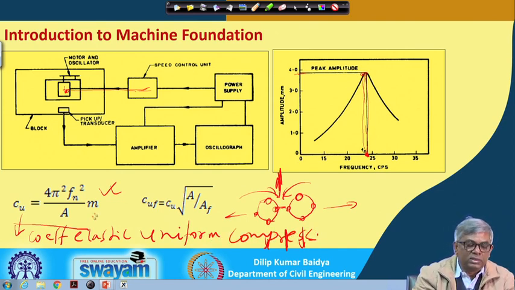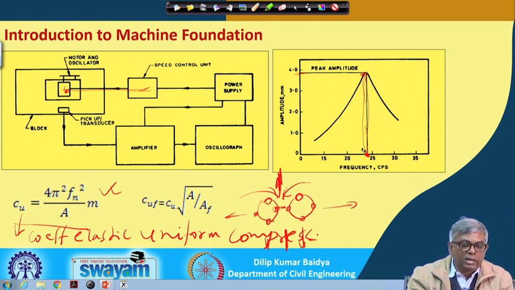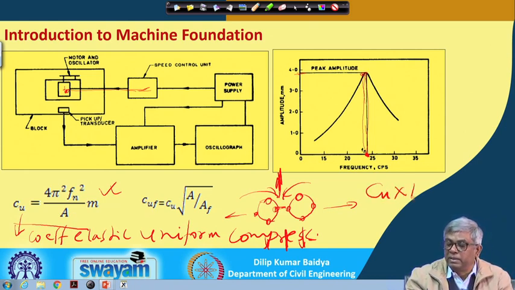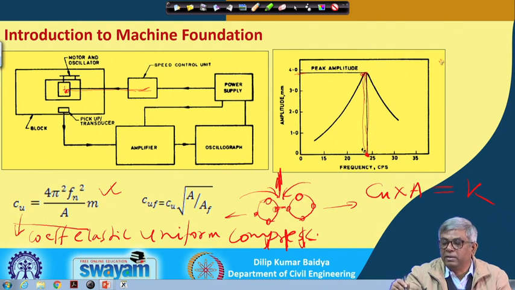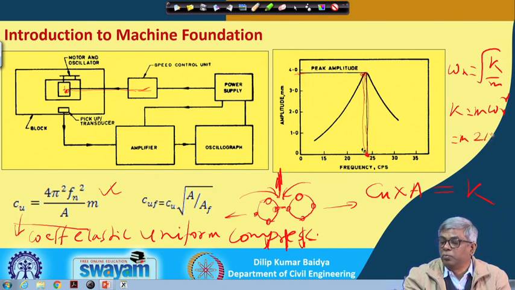Cu multiplied by A gives you the K, and how we get it: fn or omega n equals under root k by m, and that means k equals m omega n square, that means m into (2 pi f) whole square.